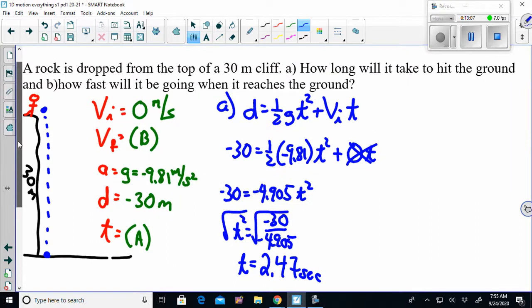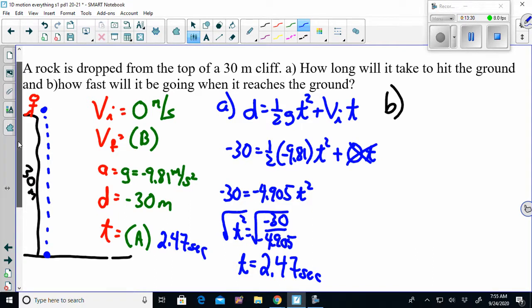Part B, which asks, how fast will the rock be going when it hits the ground? Now, you can use this 2.47 that we just found as the time, but I'm going to give you a bit of a caution.